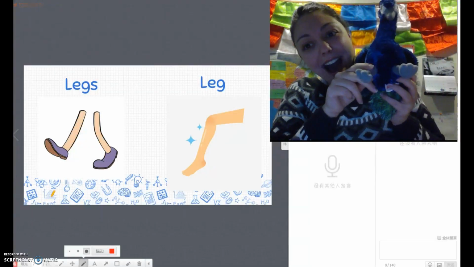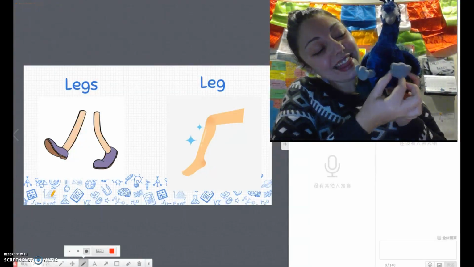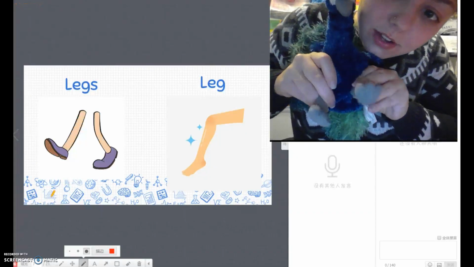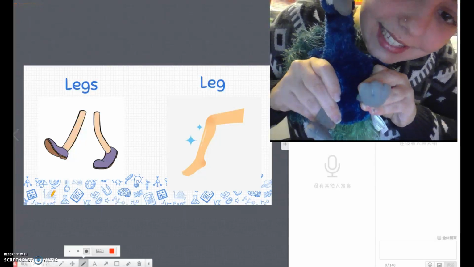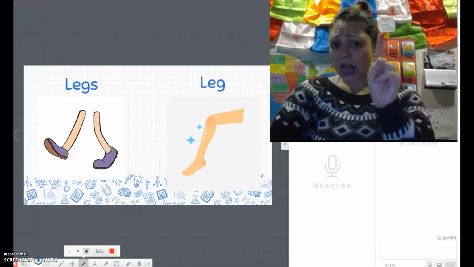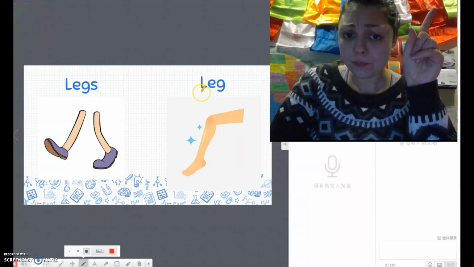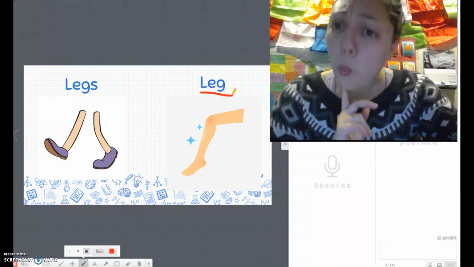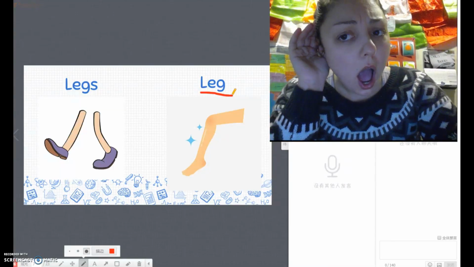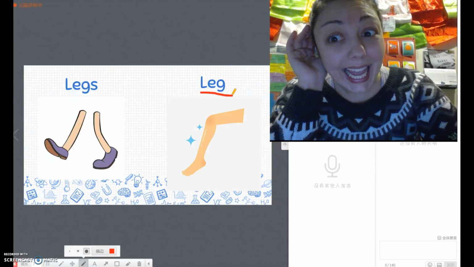Legs. Legs. Lily, she walks and she walks on her legs. Her legs. So if we have just one leg, can we say one leg?